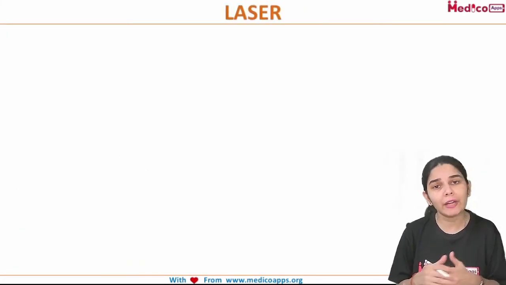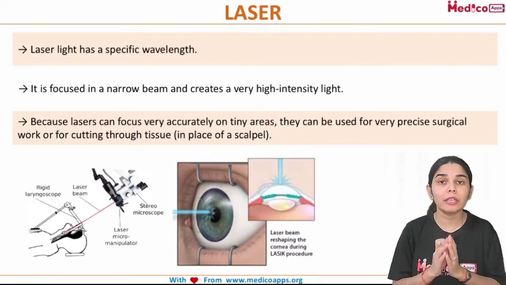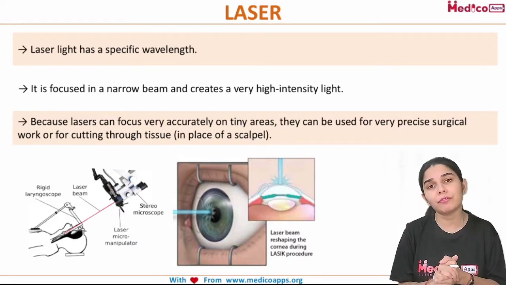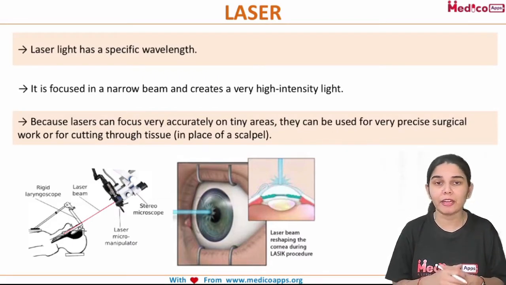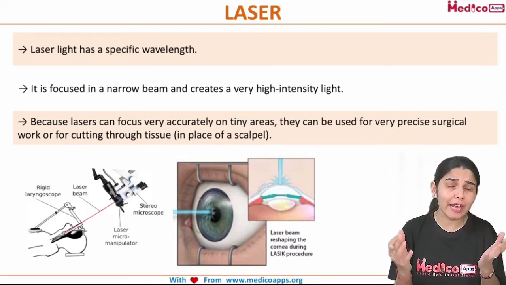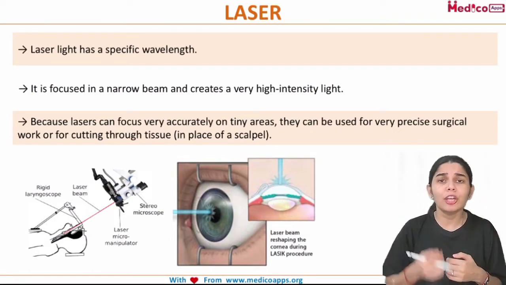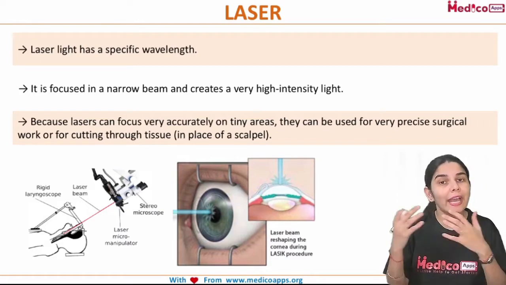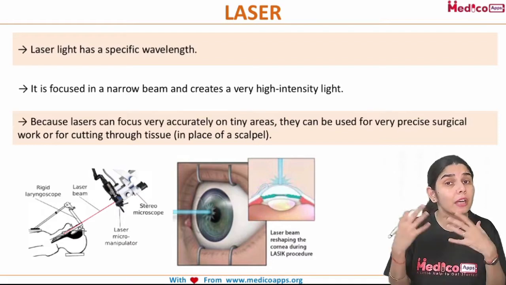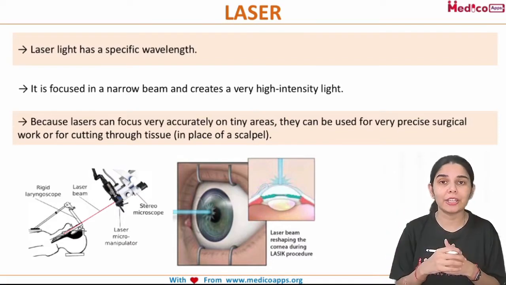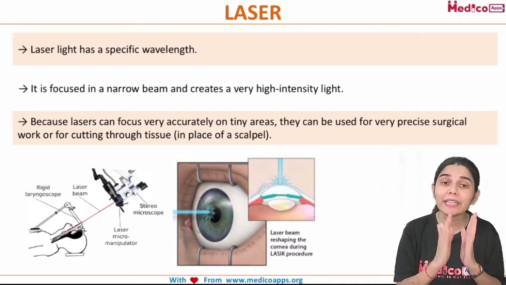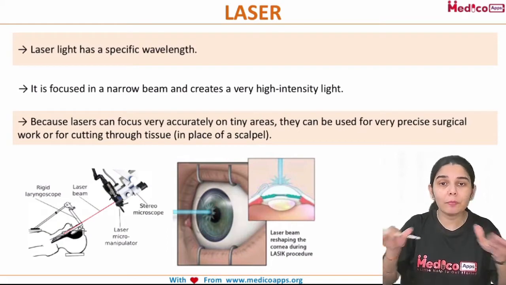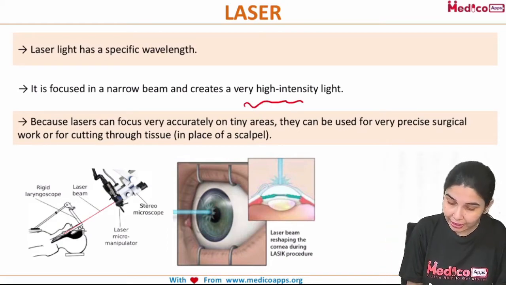Now, moving ahead, we are going to see some properties of laser. This laser beam which we are discussing has a specific wavelength. Most of you might have seen laser torches also. Exactly something like that, with high frequency and high radiation. It is a focused, narrow beam, and that narrow beam creates a high intensity light.